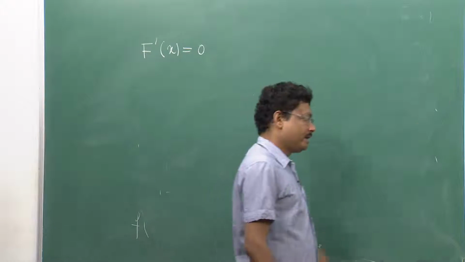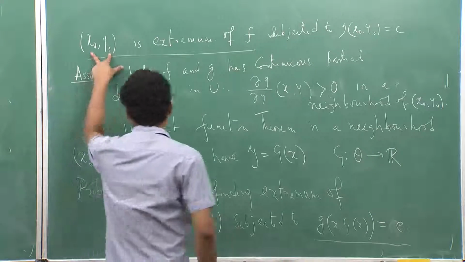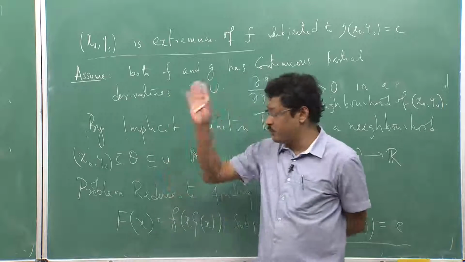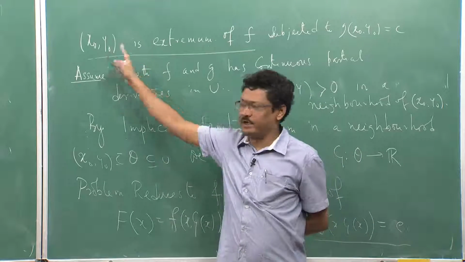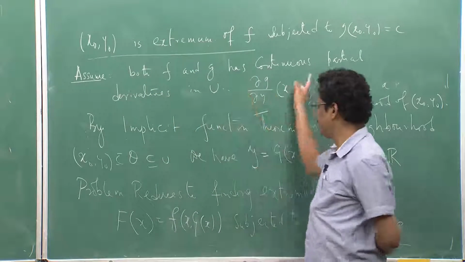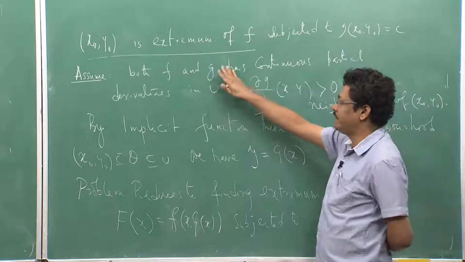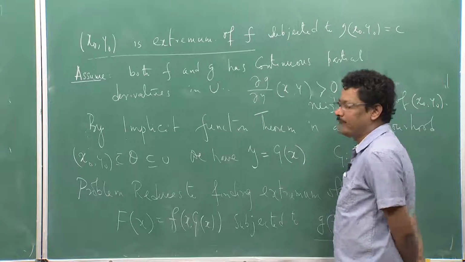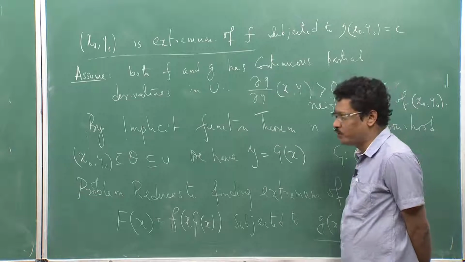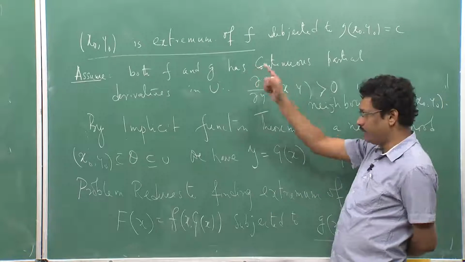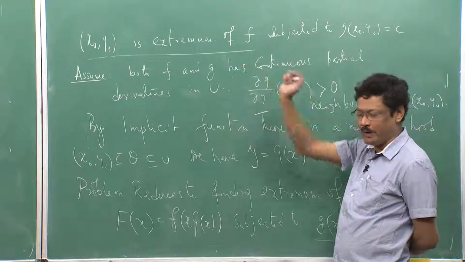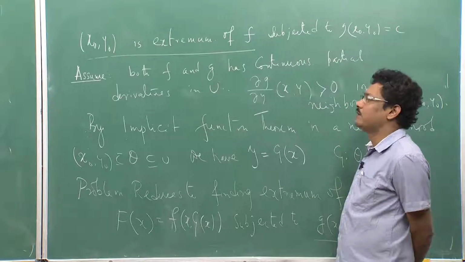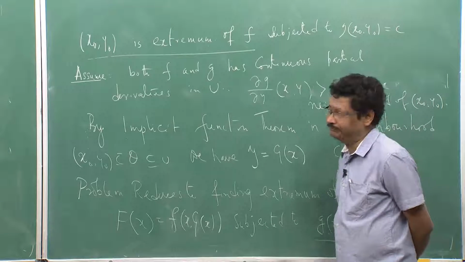Remember, I am still in a neighborhood, and I want to locate this point. I am assuming there is an extremum, and that f and g are nice enough. So, I should look for F prime x equal to 0, because at an extremum F prime, a continuous function with derivative, will be 0.